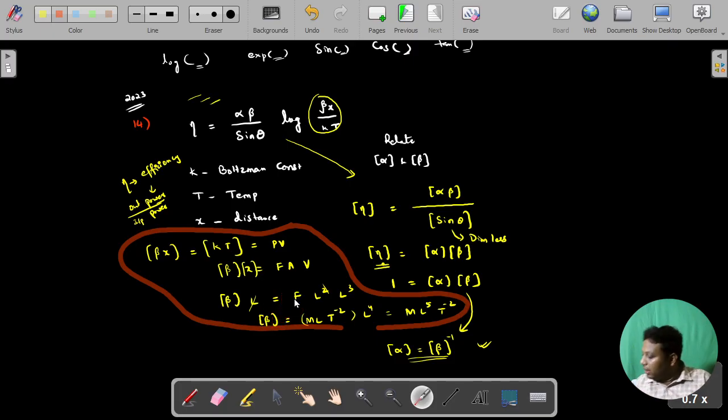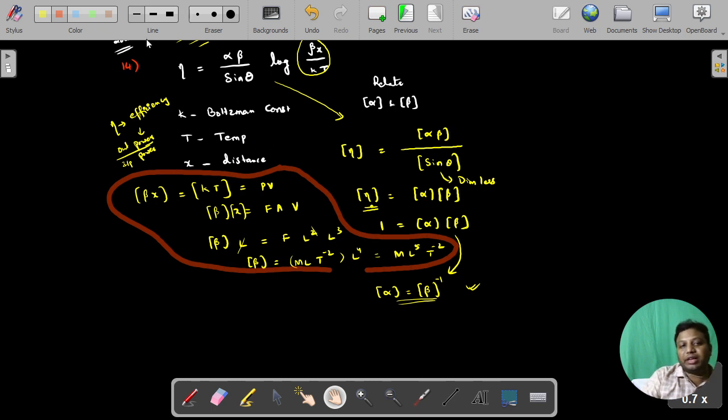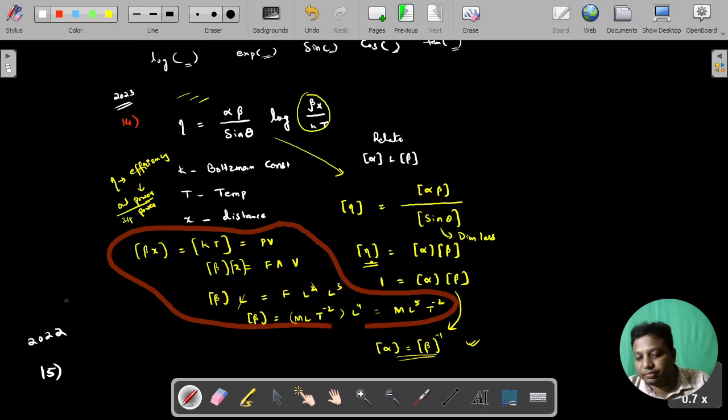Okay. And there are also questions on deriving relation between physical quantities using dimensional analysis. So on that one we shall do one question. Okay. This is the last problem we are doing in this. This is a 2022 EAMCET problem.